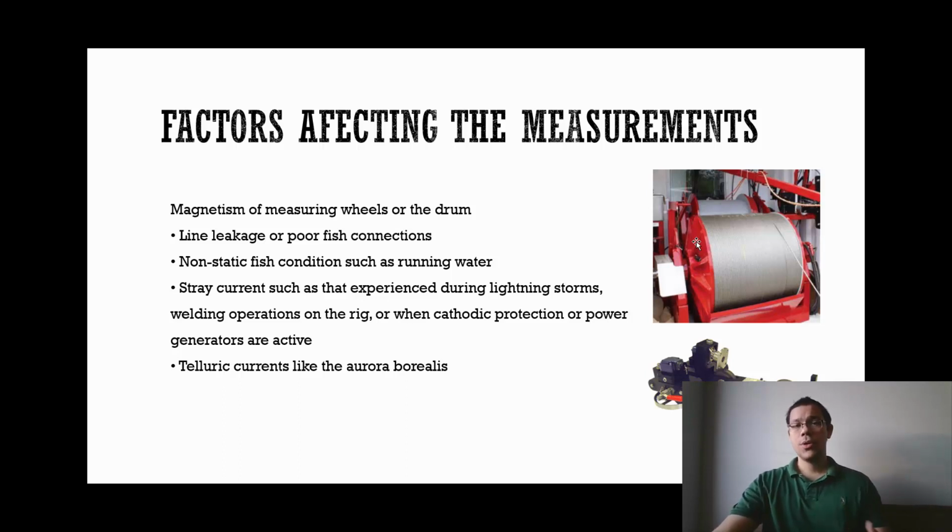In order to lower the wireline tools into the hole, this device that you have here is used to give you depth measurements and tension measurements. The wireline cable goes through this device, and if these wheels are magnetized, it's also going to create erratic measurements. So be careful of this.